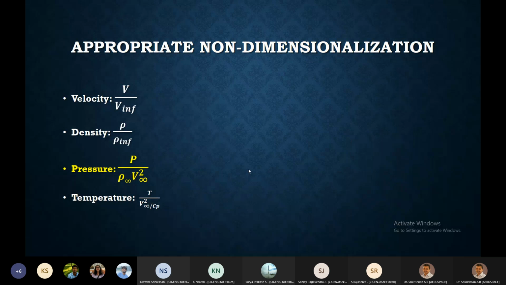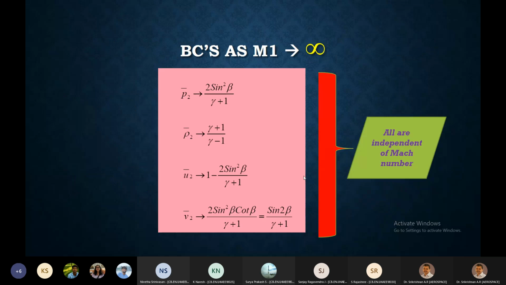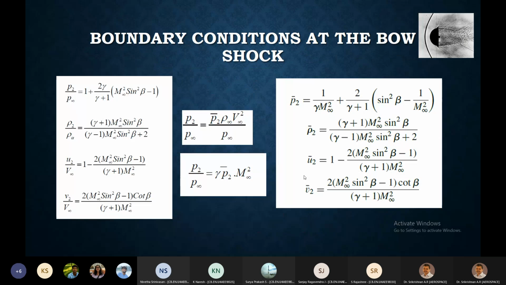The next thing that we did was we looked at the boundary conditions. That is, we considered the domain boundaries. Keep in mind, we are interested in calculating the pressure distribution on the body. So the boundaries of the domain of interest include the flow near the body, which is the flow just after the shock, and the body surface itself.